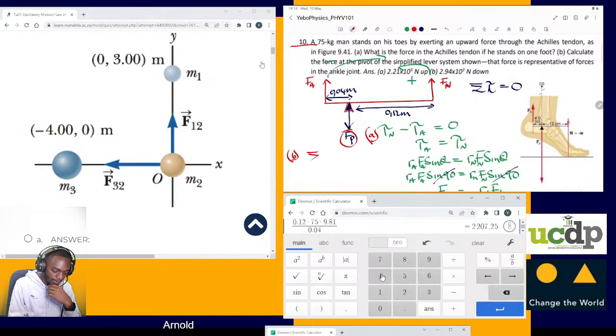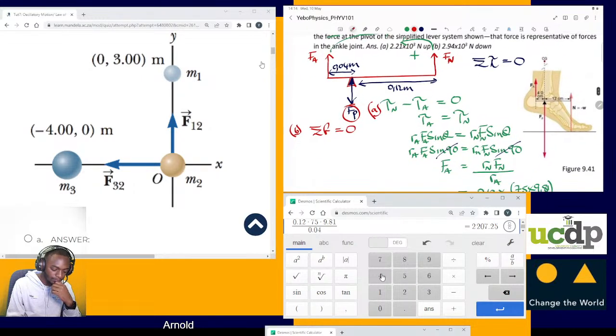All right, so remember that the sum of forces should add up to 0. In this case, it's only the Y. So that is Fa in the positive plus Fn in the positive minus Fp equals 0.